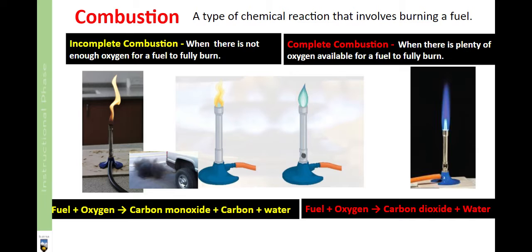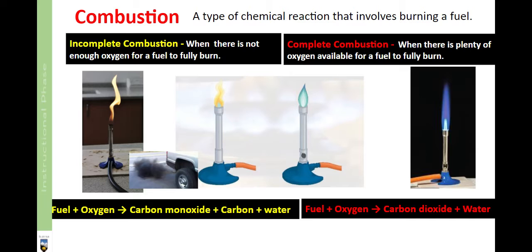So the fuel could be any substance that burns with oxygen. So, for example, it could be methane, CH4. It could be paraffin. It could be wood. There's lots of different types of fuels that we can burn for energy. Now, on the opposite side, we have incomplete combustion.